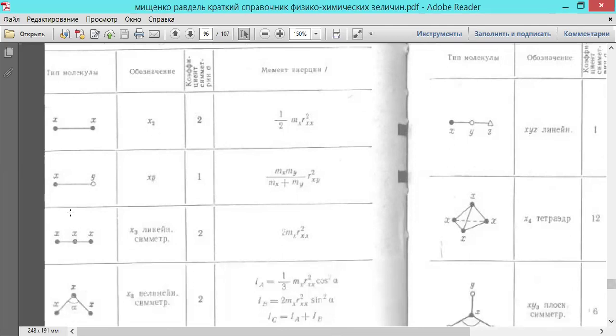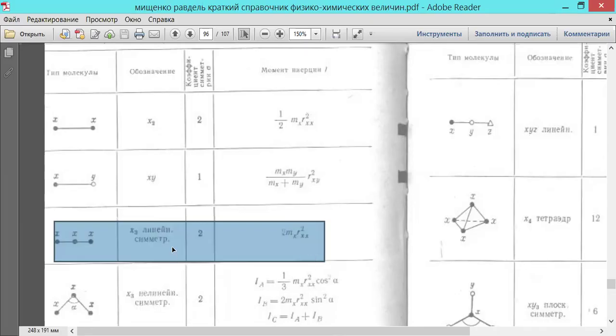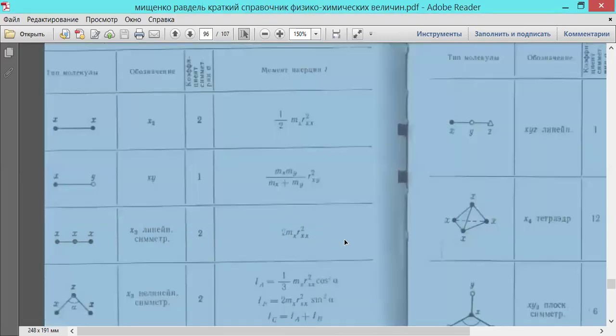And here is what we need. This one. See, linear symmetric. Oh, and I was wrong saying that this symmetry coefficient is equal to 1. It's equal to 2, of course, because it's symmetric. And this is the formula given.